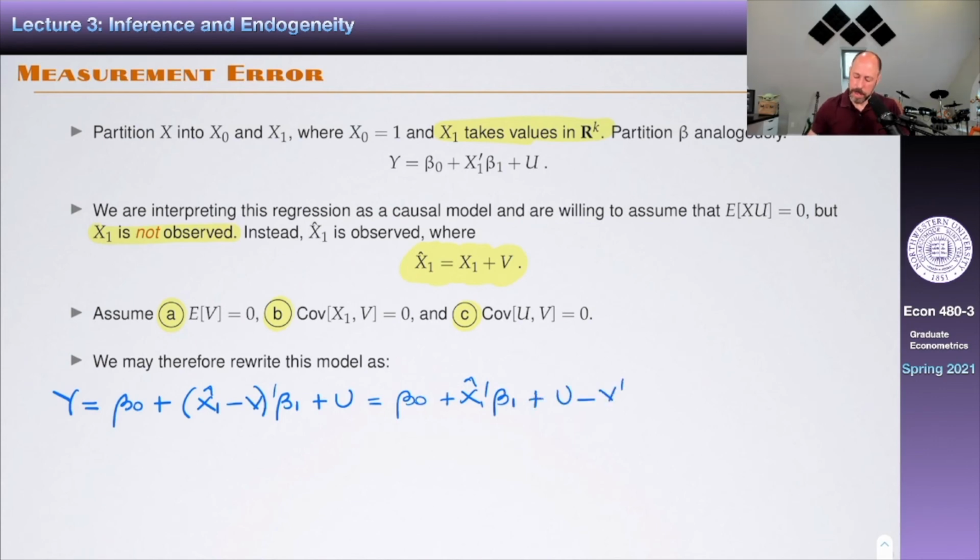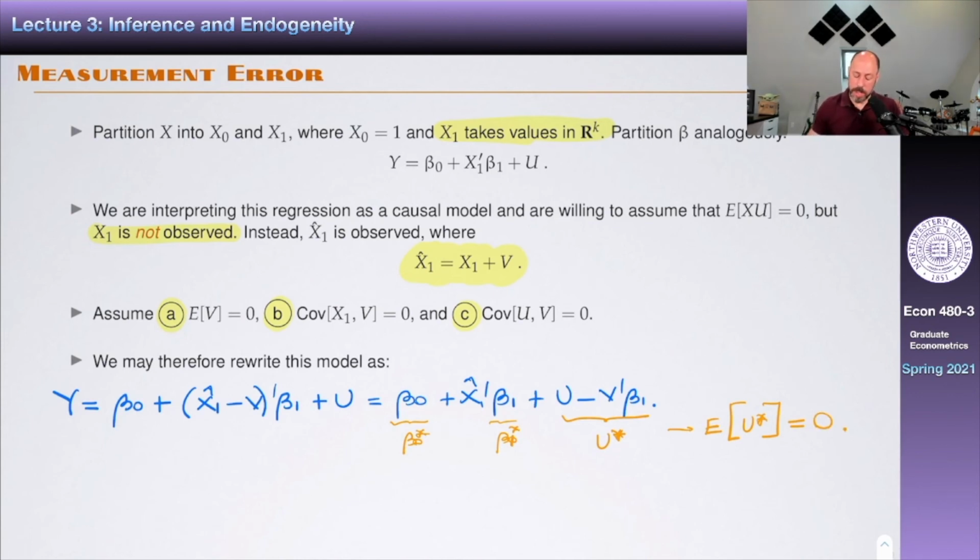Now I'm going to call this beta 0 star, beta 1 star, and u star, where notice here I don't need to renormalize anything because the expected value of u star is 0 by our assumptions.